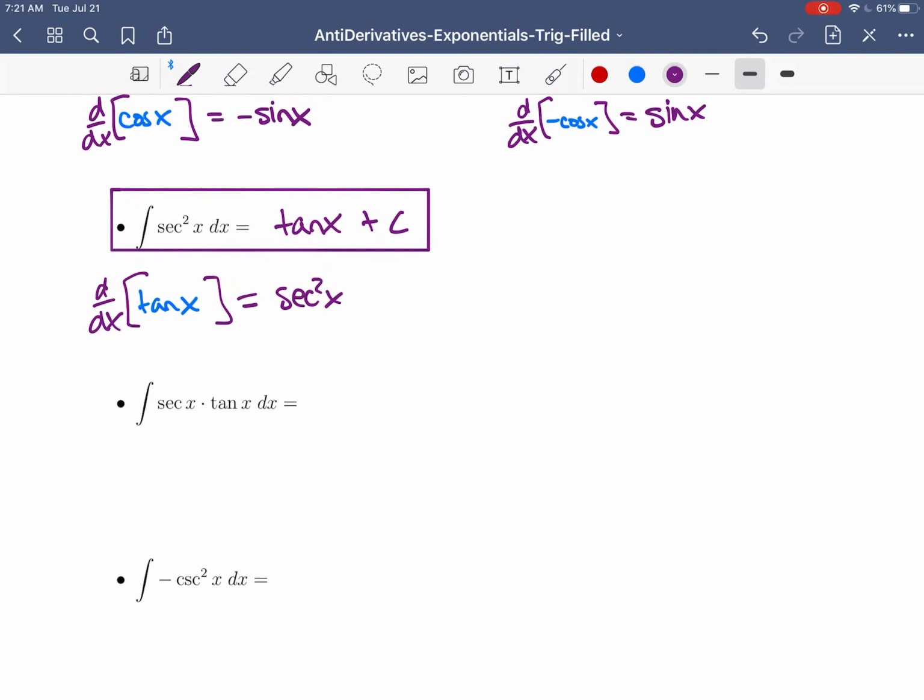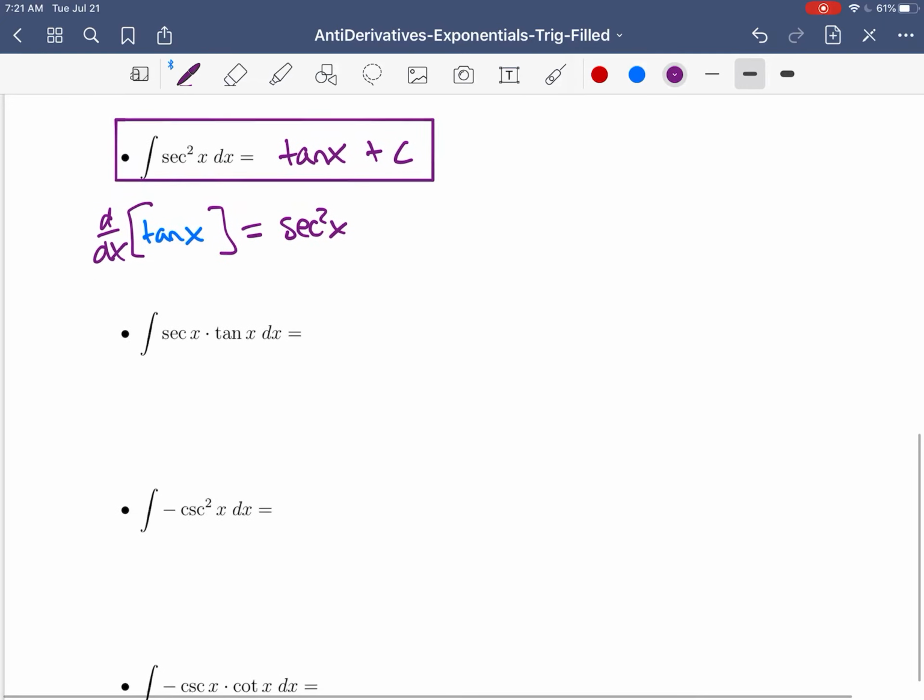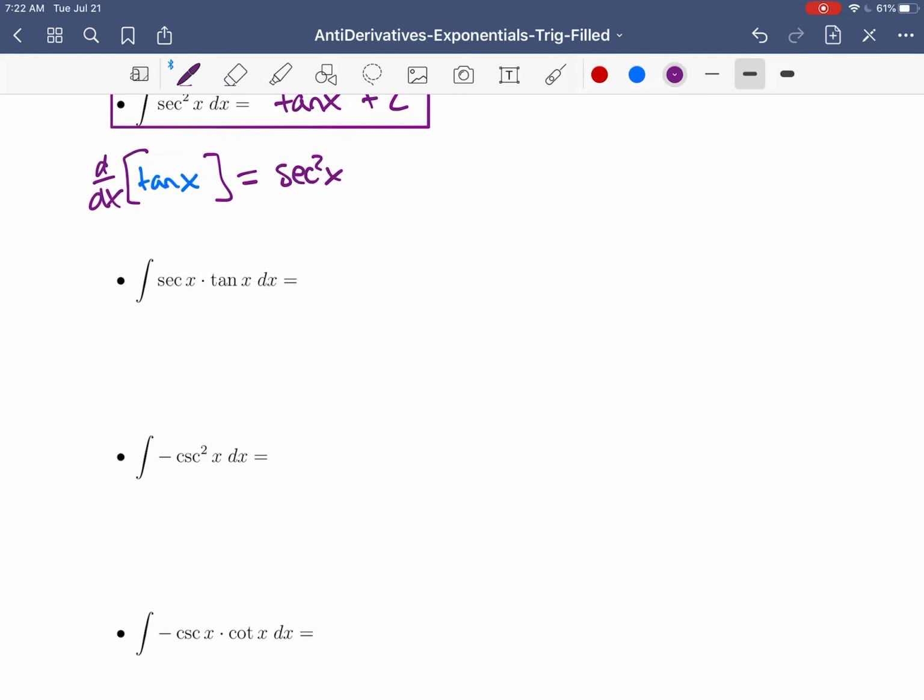Now here our function in the antiderivative is secant x tan x. So I want something to have derivative secant x tan x, and it turns out that secant x has that derivative. So the antiderivative of secant x times tan x is going to be secant x plus c.